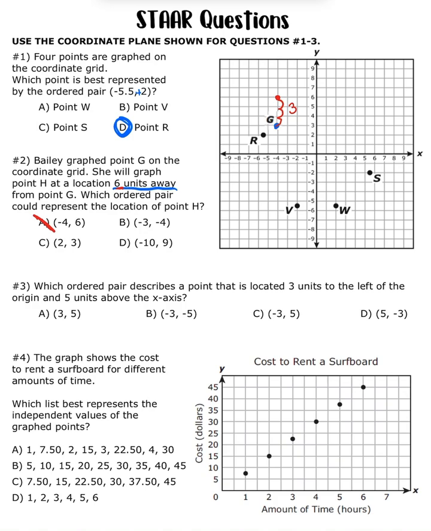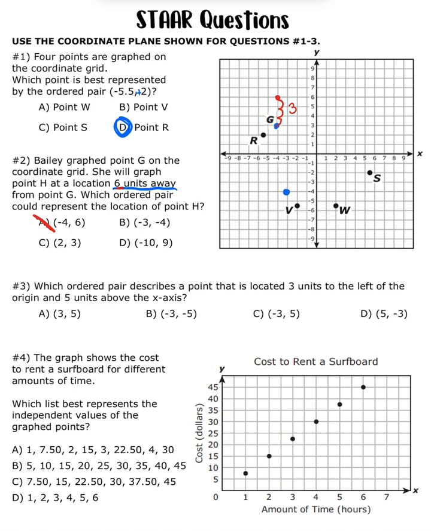So now let's look at B. All right. I am going to -3, -4. So I'm going to again start at the origin, 0, 0, walk to -3. And this time I'm going to go down because -4 is down, 1, 2, 3, 4. And then I'm going to put a dot at that point.